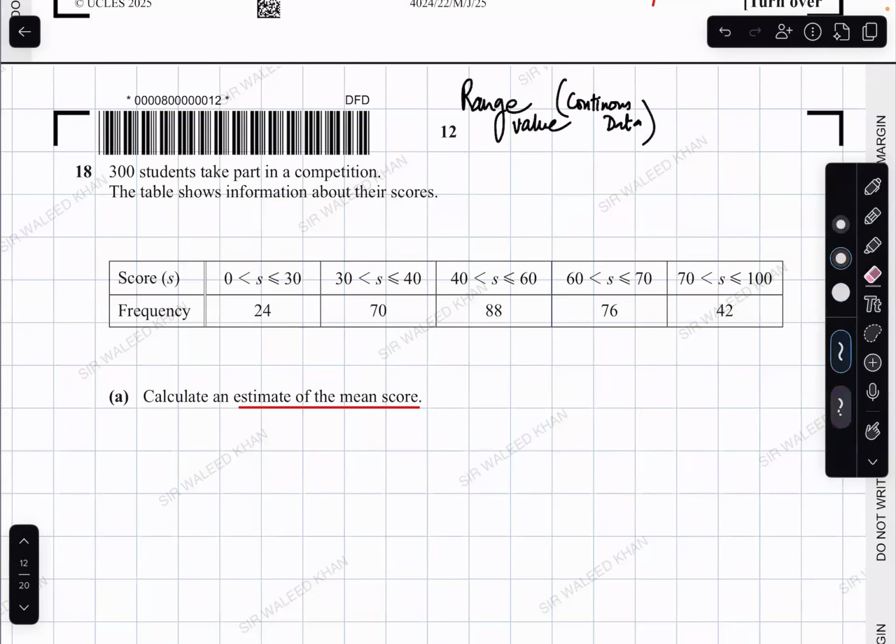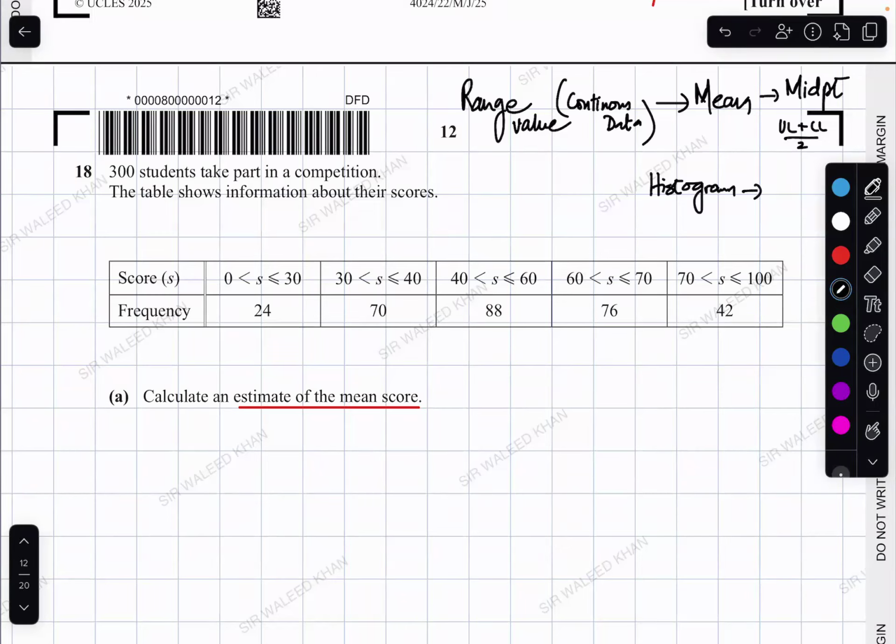And they ask you about the mean. When they ask you about the mean, you have to find the midpoint. Midpoint is upper limit plus lower limit divided by 2. And if they ask you about histogram, then you're supposed to make a class width.